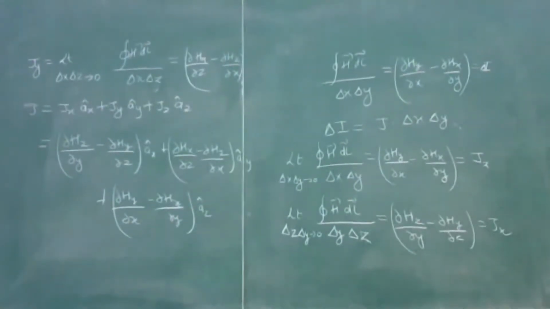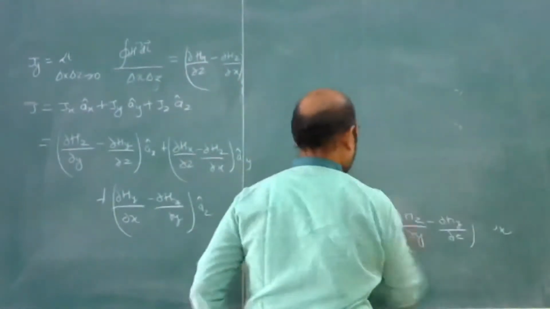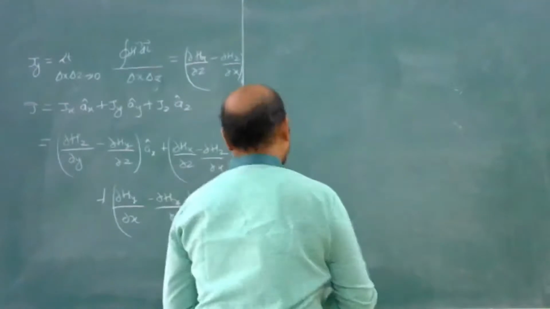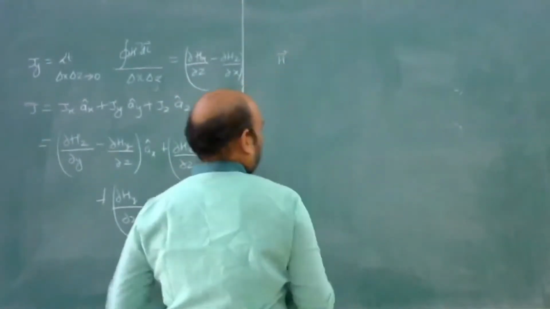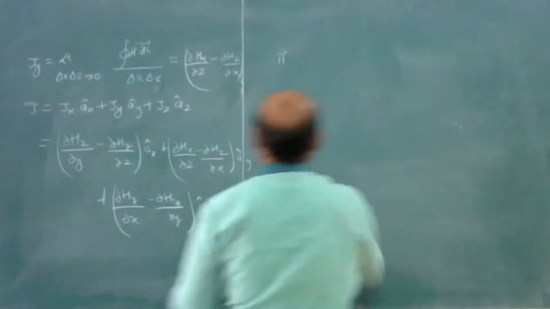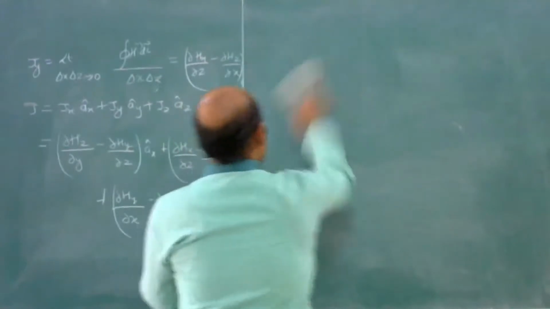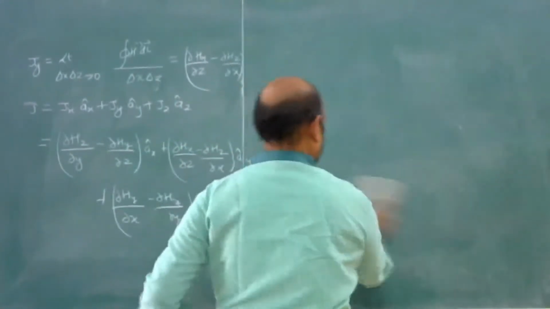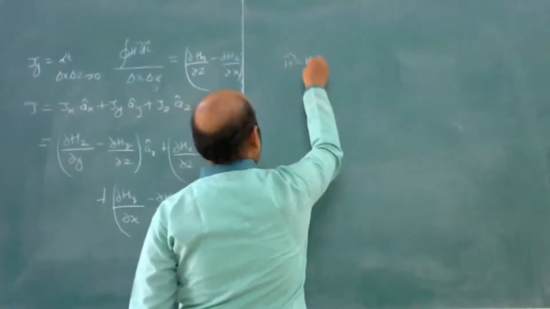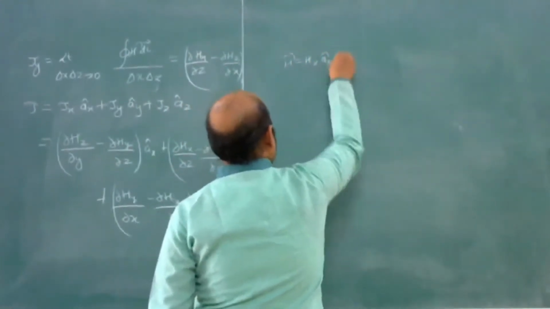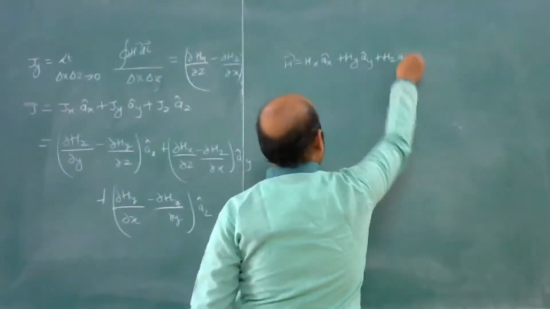And this is similar to what? This is similar to the cross product of the vector operator with H. Let H be equal to Hx Ax plus Hy Ay plus Hz Az.